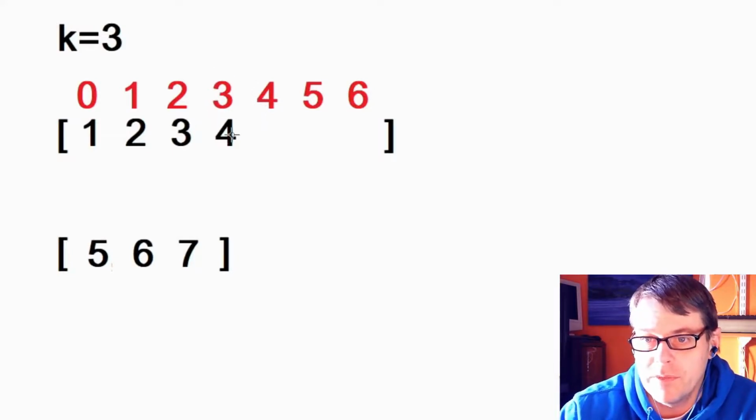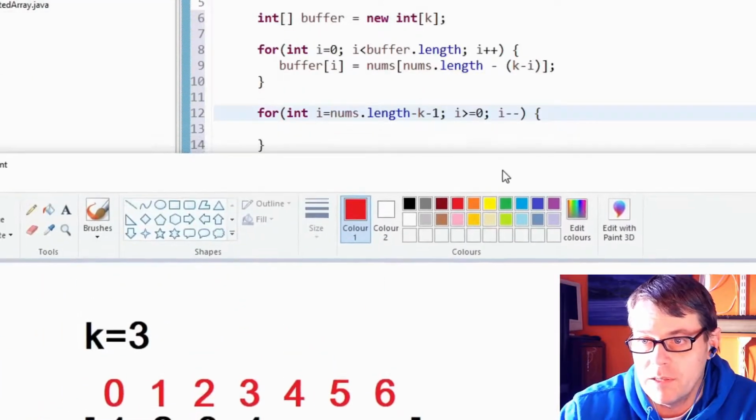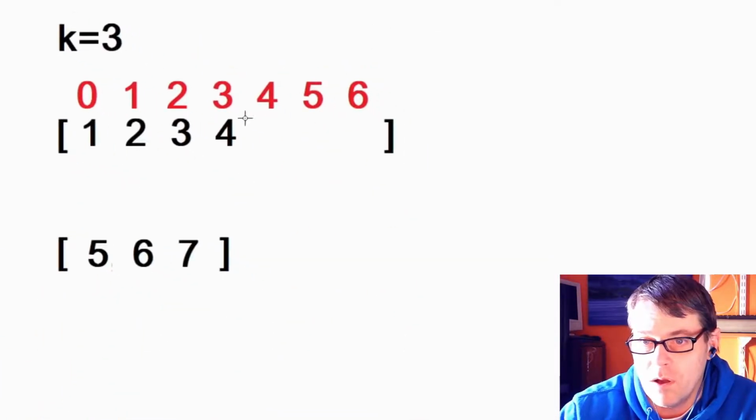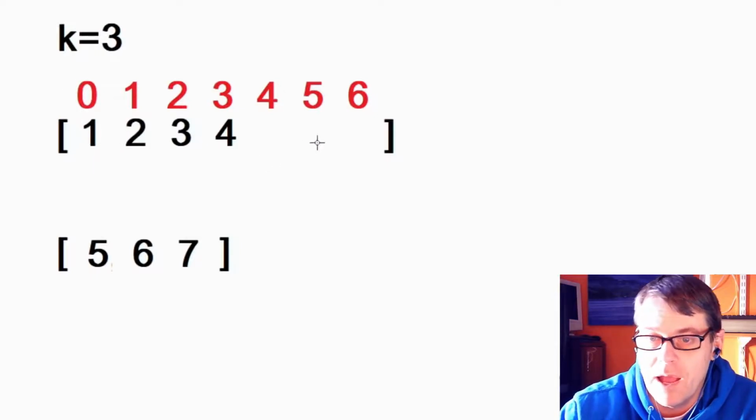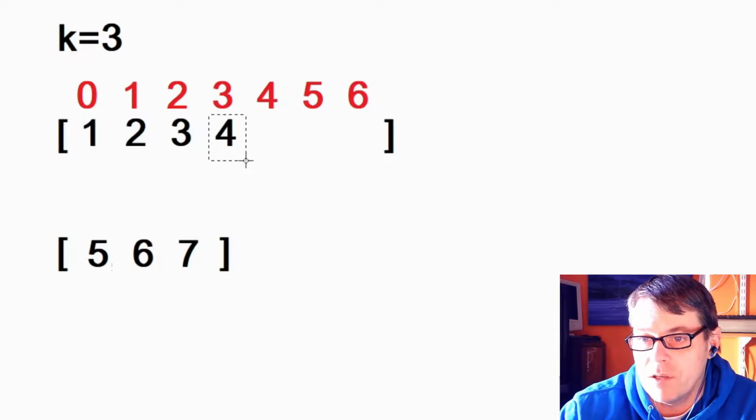So I'm looping from this position. I'm going to continue looping while i is greater than or equal to 0. So I'm going to continue looping all the way down to 0, and each step I'm going to step down 1, and I want to move the value at i.